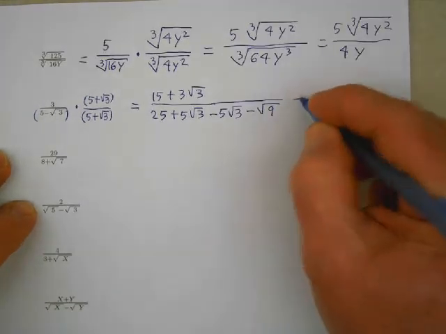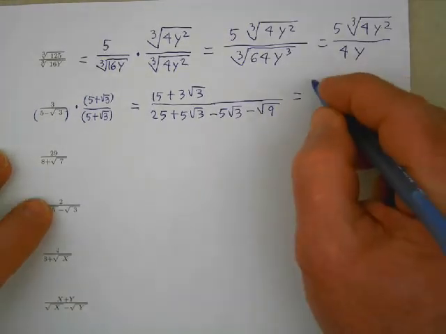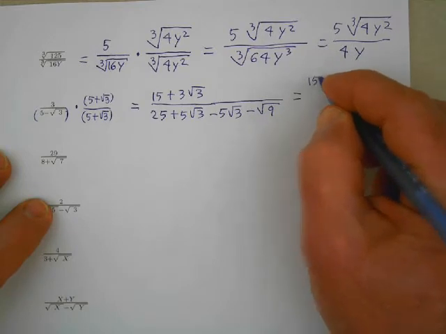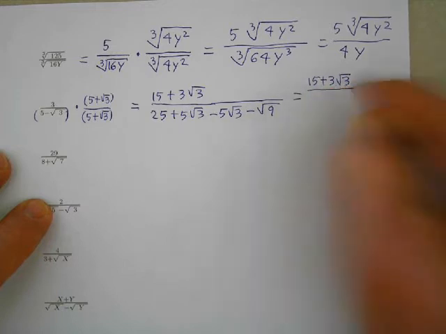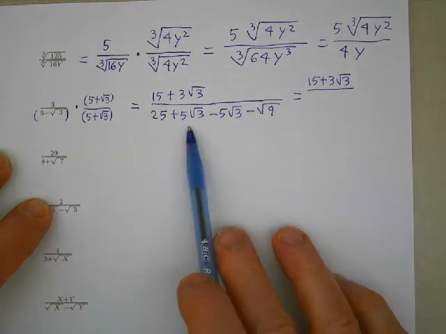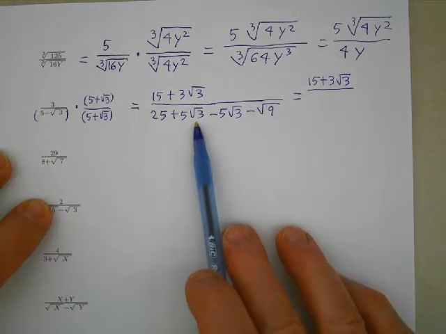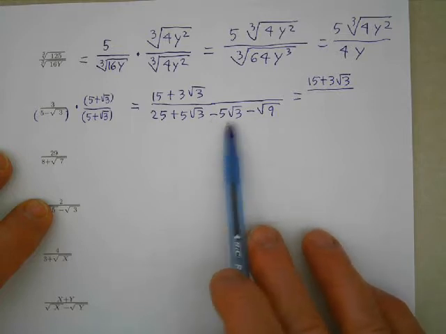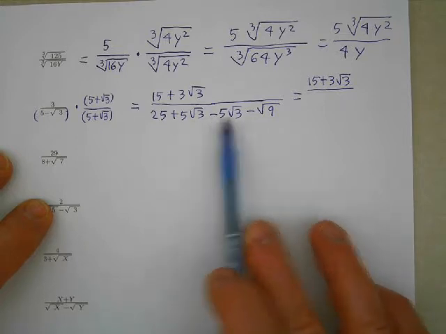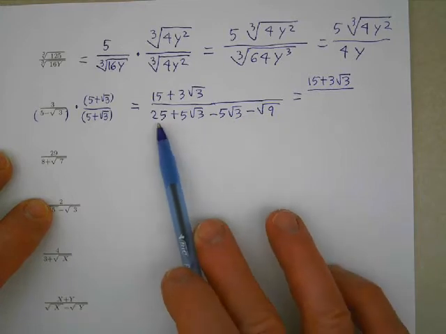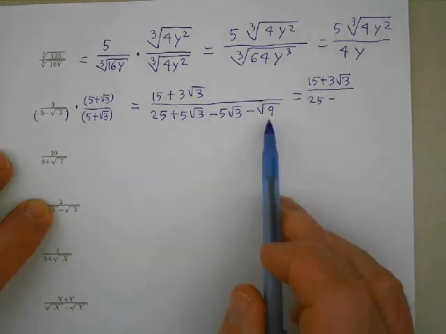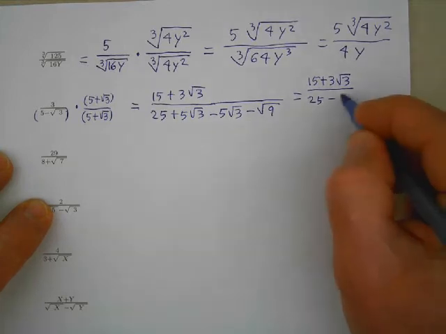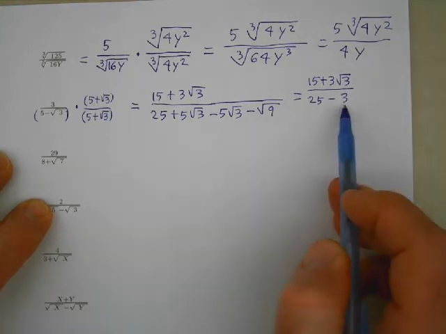And then we'll do some simplifying. In the numerator, we have 15 plus 3 times the square root of 3. And in the denominator, notice that in the middle, 5 times the square root of 3 minus 5 times the square root of 3, those combine to make 0. And so we have 25 minus 3 because the square root of 9 is 3.